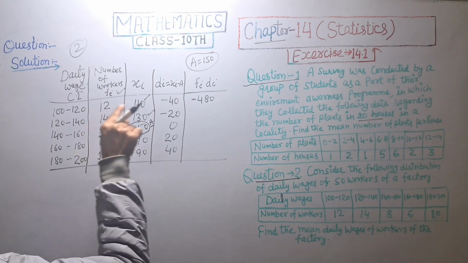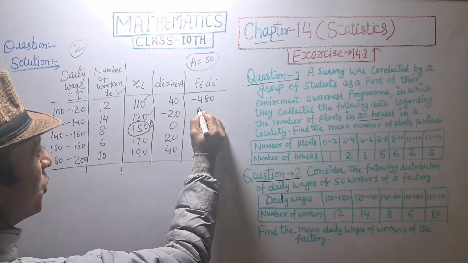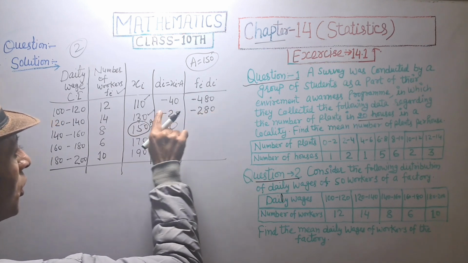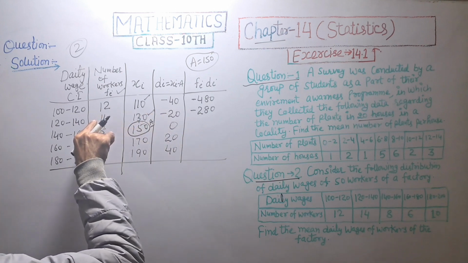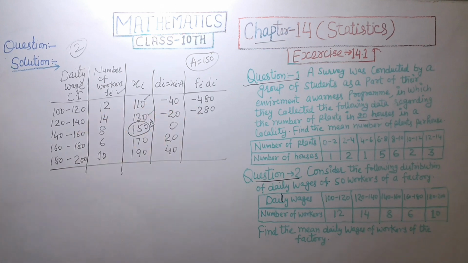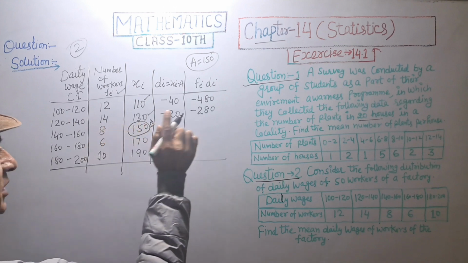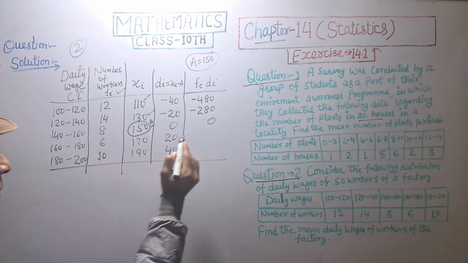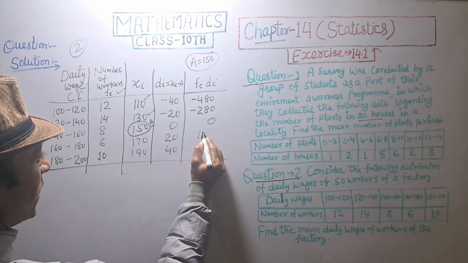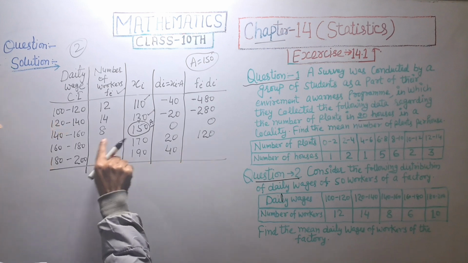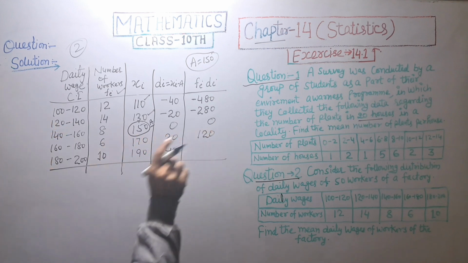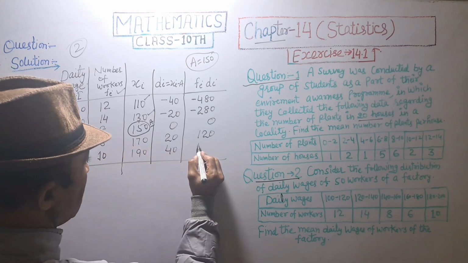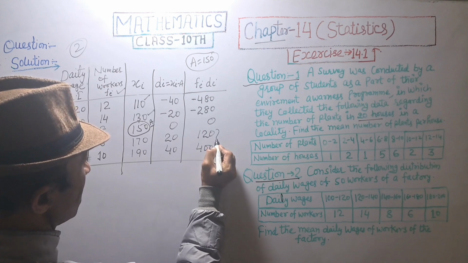And 14 multiplied by 20 is 280, negative multiplied by positive number will be negative. 8 multiplied by 0, the answer is 0. 6 multiplied by 20, the answer is 120. 10 multiplied by 40 is equal to 400.